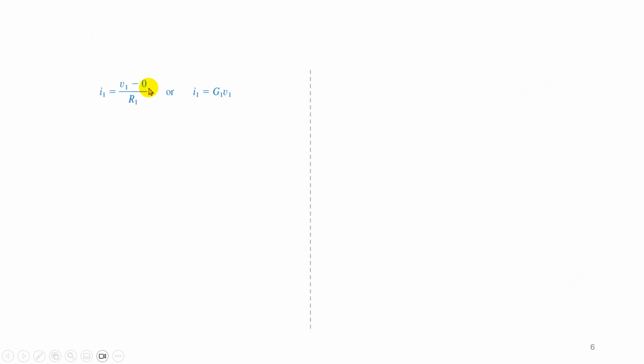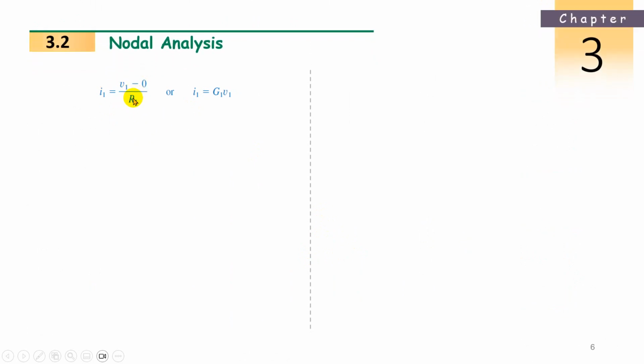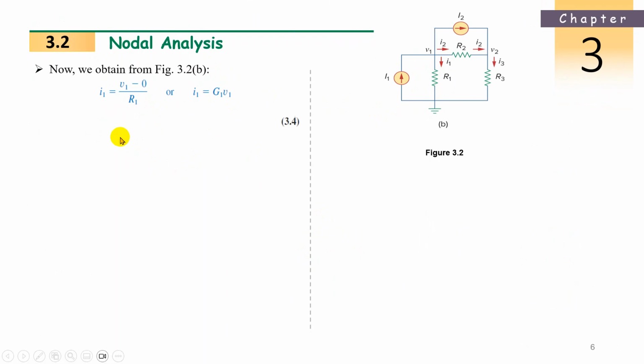What is I1? V1 minus 0 divided by R1, and we can write in terms of conductance, 1 by R1 is G1, so G1 V1. Next, I2: V1 minus V2 divided by R2, and 1 by R2 is G2, so G2 times V1 minus V2.